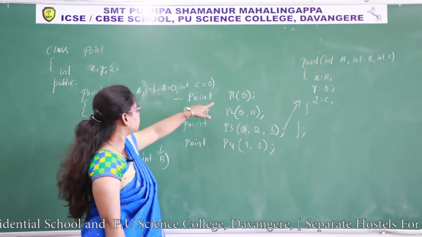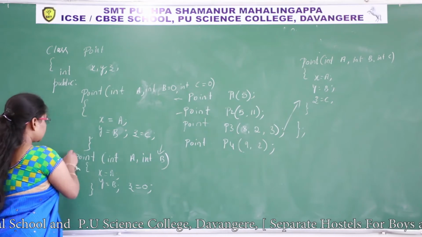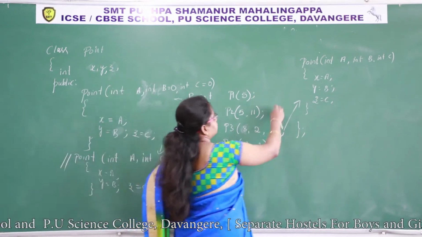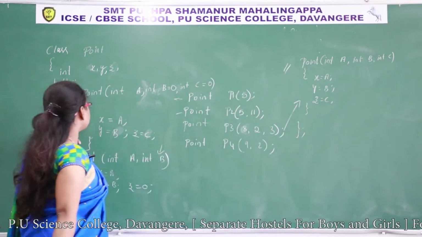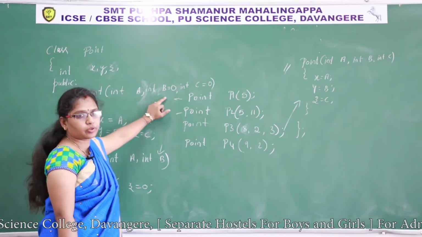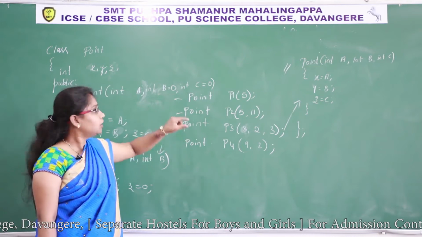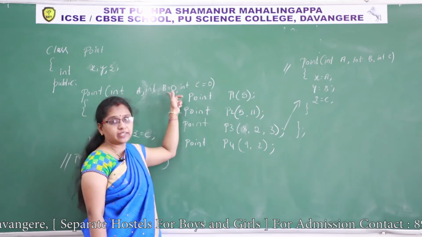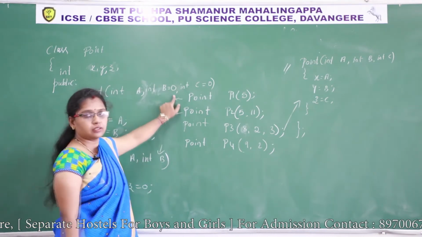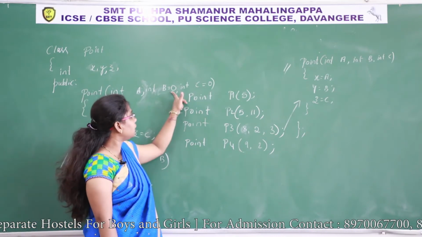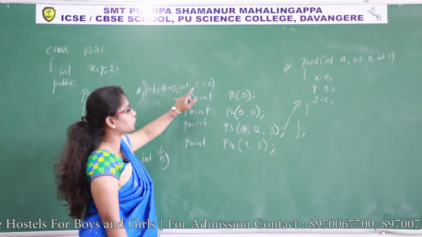Consider that these 2 constructors are not there, and I have taken only one constructor with the default arguments. When you set a value to the argument at the function header or constructor header, this is called a default value and this is called a default argument.